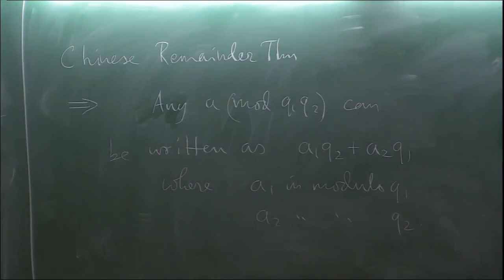So Z mod Q1 Q2 star is Z mod Q1 star direct sum Z mod Q2 star, and that gives you this. So I do that.